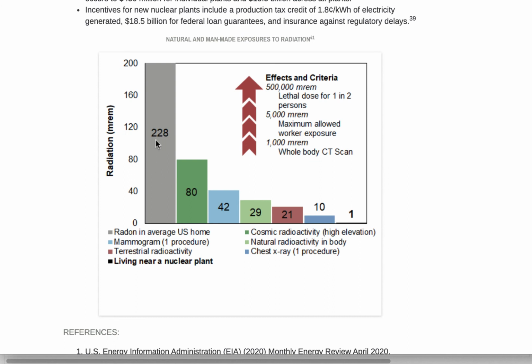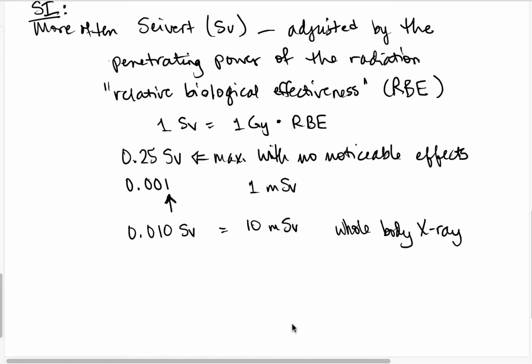So 228 millirems is 2.28 millisieverts. So going back to our scale page again, if we have 228 millirems, that equals 2.28 millisieverts.